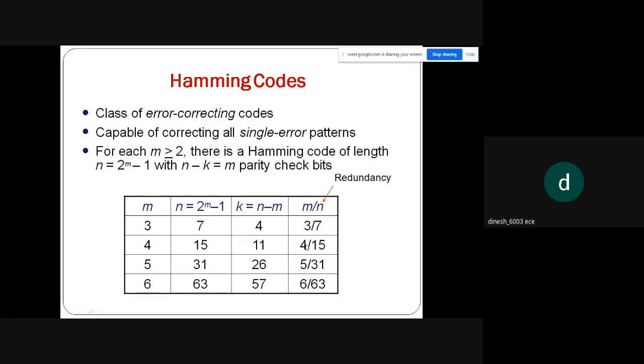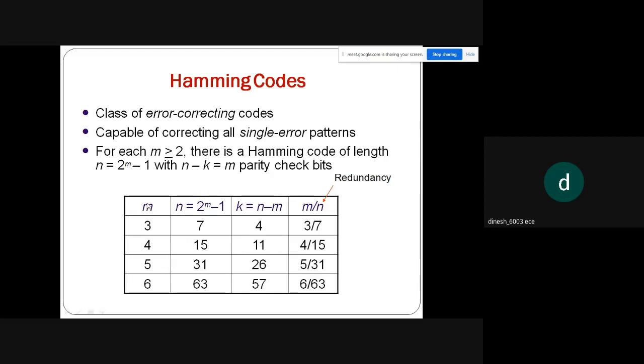Then redundancy is 4 bar 15. For m is 5, n will be 2 power 5, which is 32, minus 1 is 31, and k is n minus m, 31 minus 5, which is 26. m bar n is 5 bar 31.